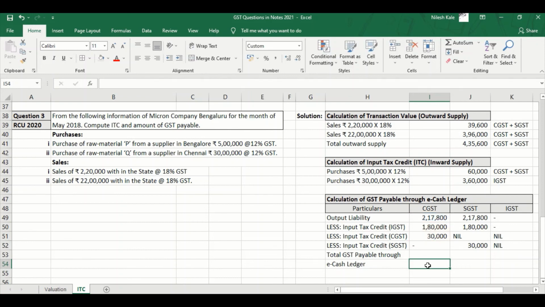Because I did not give a proper command, I will write here 2,17,800 minus 1,80,000 minus 30,000, right? And here also it is the same because they are the same value, right? 7,800. What is the IGST liability? 0, right? This is GST payable through e-cash ledger.